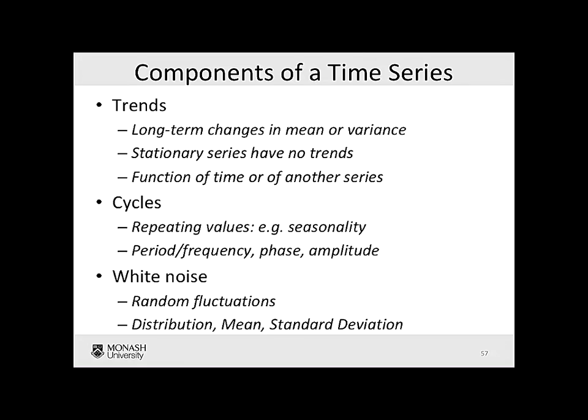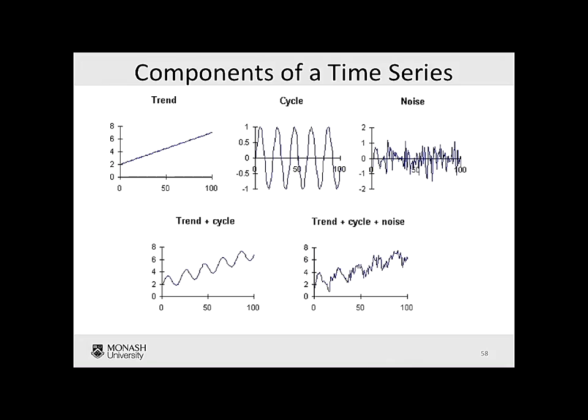So you use these more descriptive representations of the data. That's the components of time series: we look for cycles, we incorporate noise, and we combine them together to predict what the future will hold.